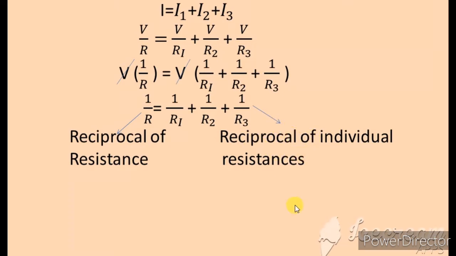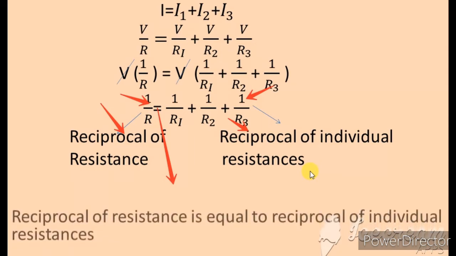Why we are saying reciprocal is because here each term we are writing as 1 by, 1 by. So we are saying reciprocal. We have to denote it with the term reciprocal. So the final thing is: the reciprocal of the resistance is equal to the sum of the reciprocals of individual resistances.